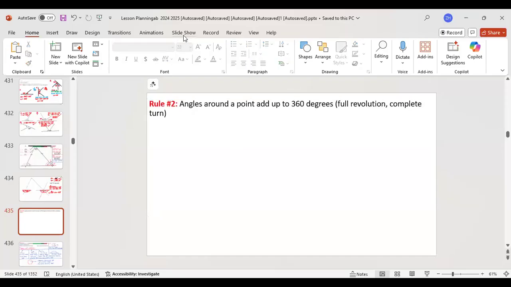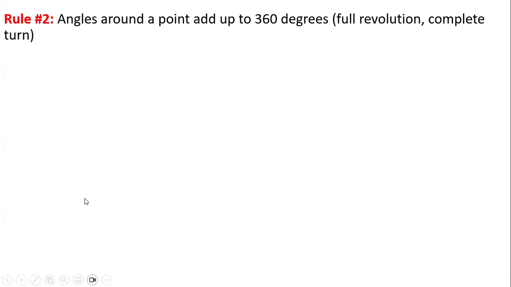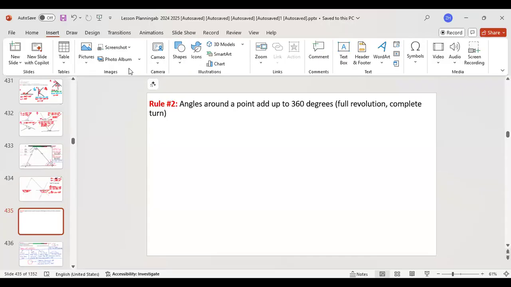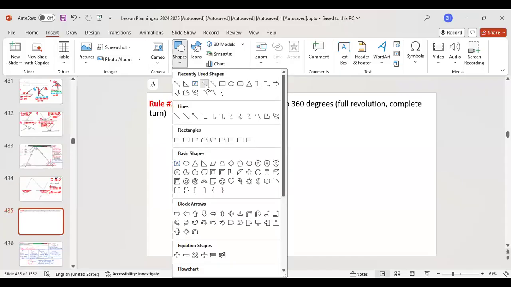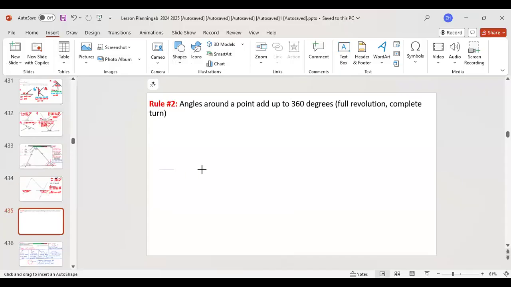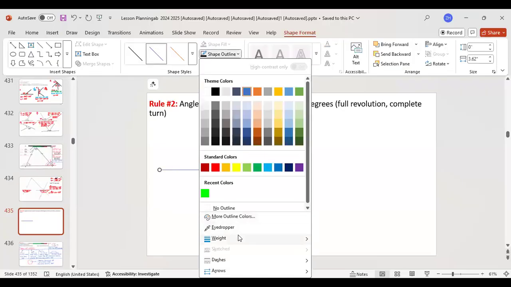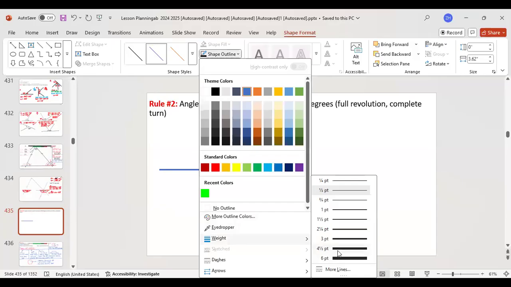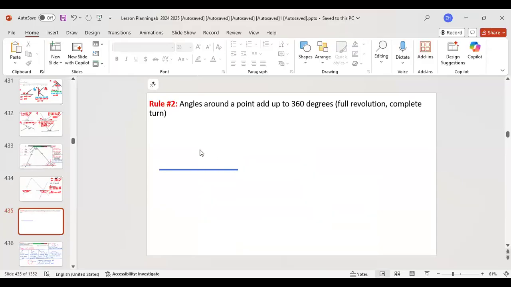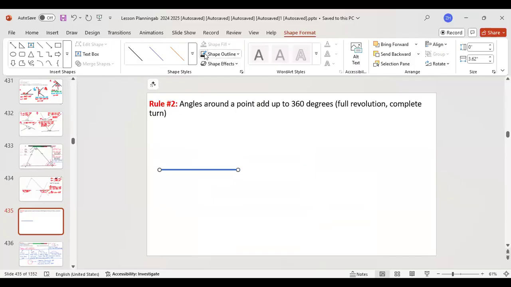So basically, if we have something like this, say, where we have this angle, let's say we have this side here, and let's make this black. Let's say we have this one here.